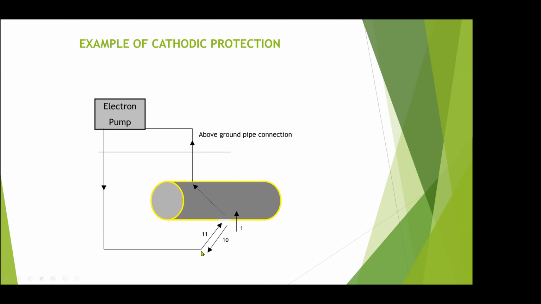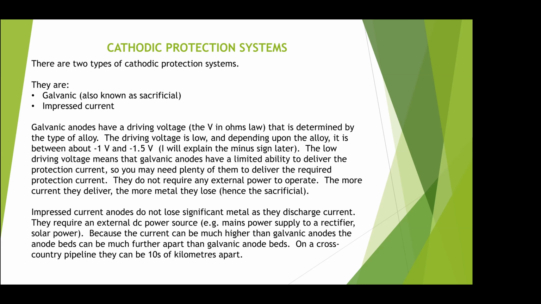But it stands to reason, if you can force more on than it's trying to come off, the net result will be some going on. So in this particular case, you've got 10 trying to come out, you've got 11 trying to go in, so you've got a net amount of 1 going in, just like normal hydraulic forces, really. And that's the basis of cathodic protection. And if you grasp these circuit diagrams in this little image, you can collect your certificate as a CP expert.